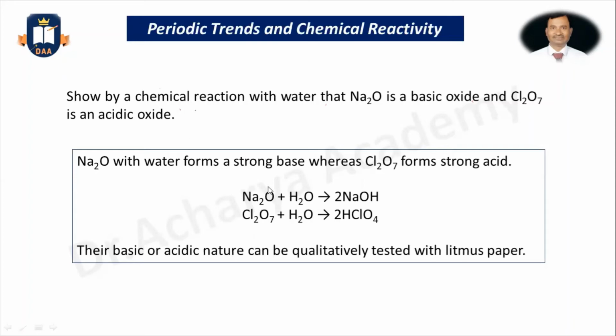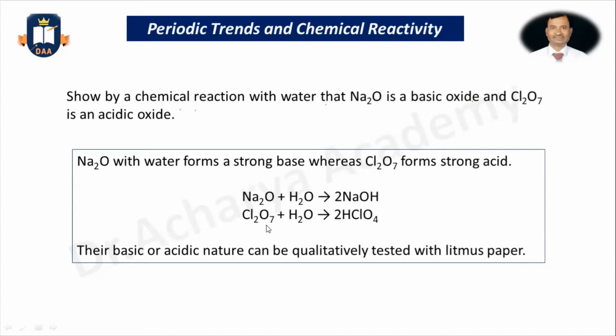So when Na2O reacts with H2O, it will form sodium hydroxide, NaOH, which is basic in nature. So Na2O is a basic oxide because hydrolysis of Na2O would form a hydroxide or base.